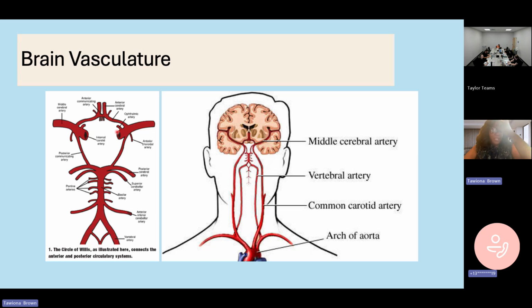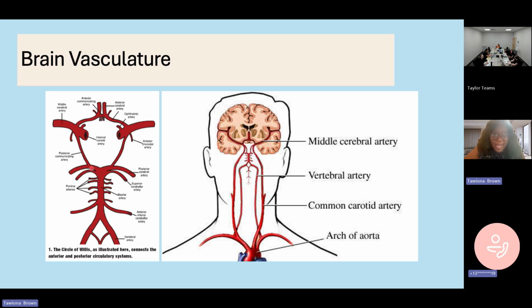Now that circle of Willis, and I think I talk about it on another slide, but I like this picture, so we'll talk about it here and then review when it gets to the other one. The major function of the circle of Willis is that it is a collateral system set up within the brain just in case there's a clot. So let's say you have a clot right in here, and now you don't have blood getting to the posterior cerebral artery and all of the neuroanatomic regions that it supplies.